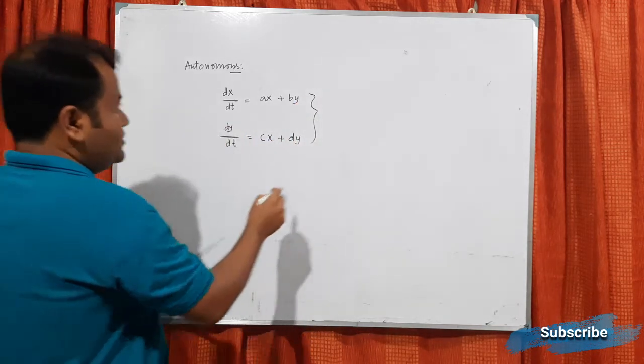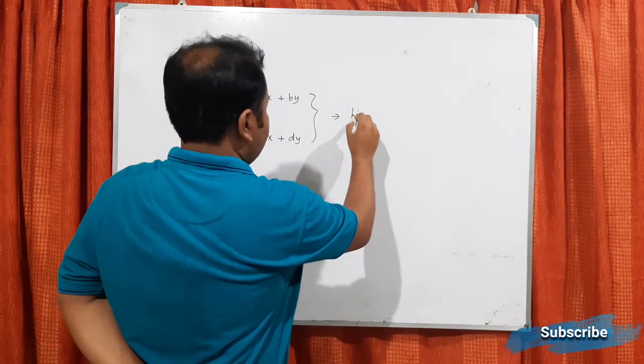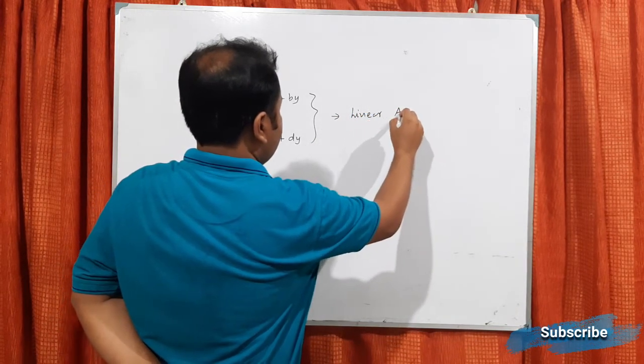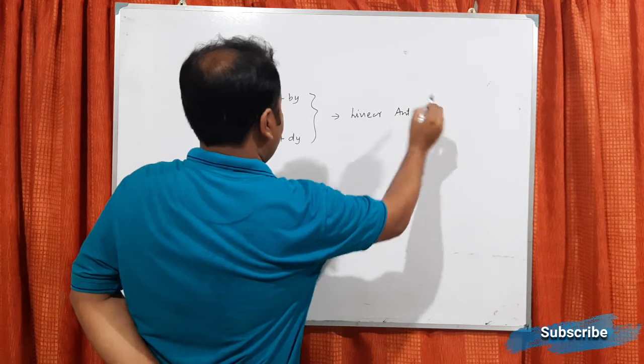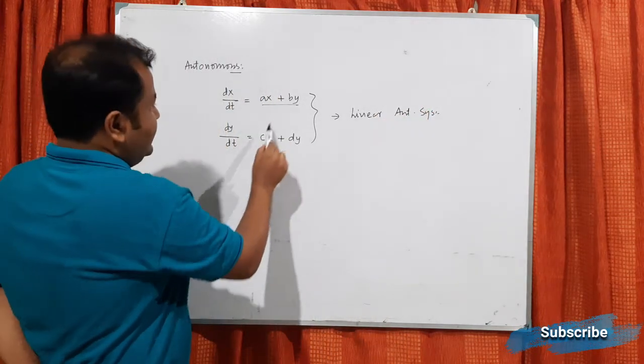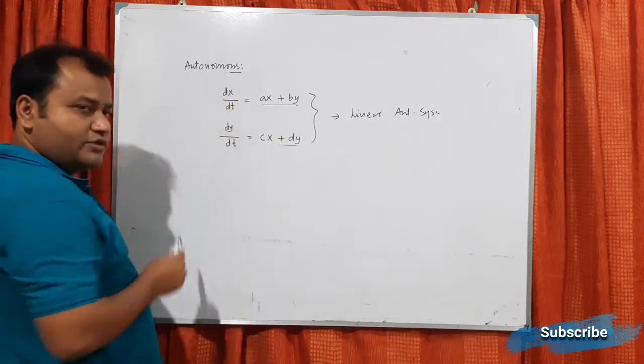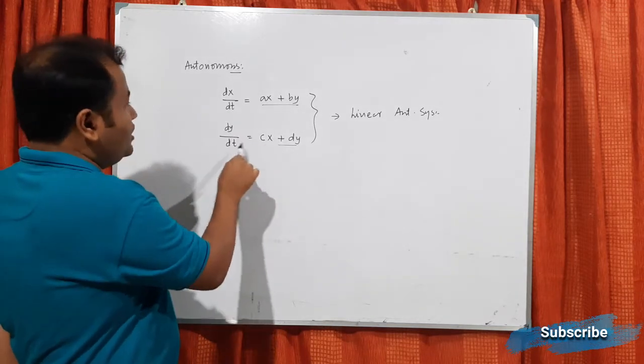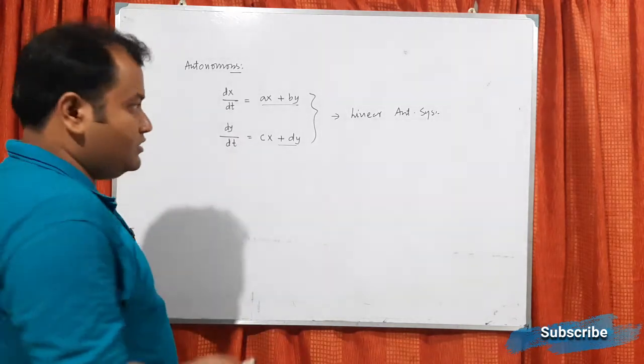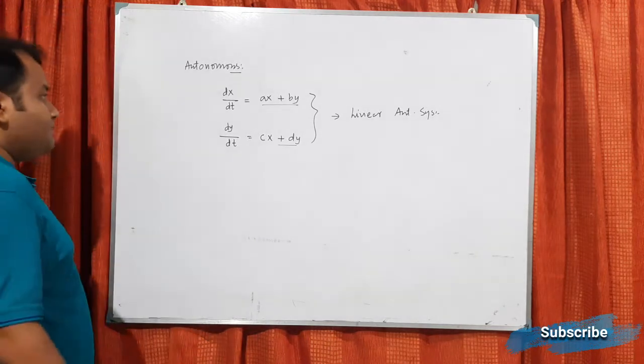This kind of system is called a linear autonomous system, because the right hand side is linear and it is autonomous. Autonomous means that t should not be present in the right hand side explicitly. So this is a linear autonomous system, right?